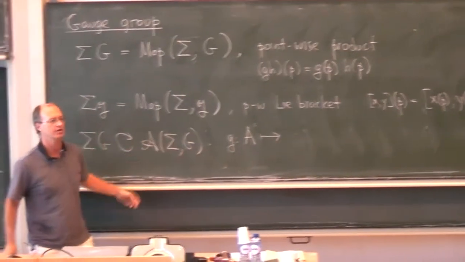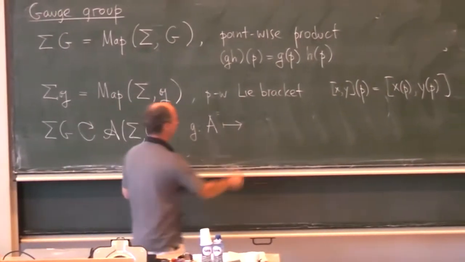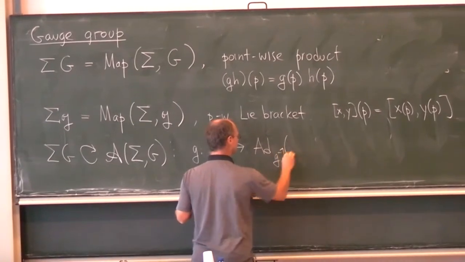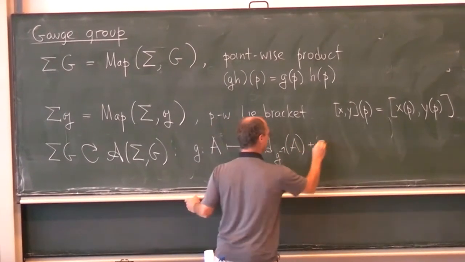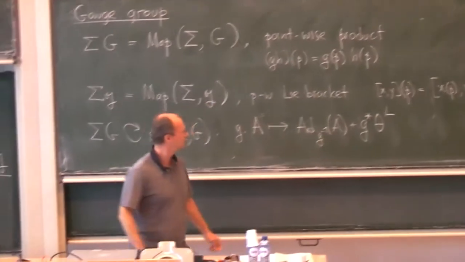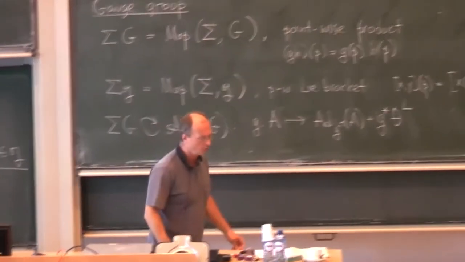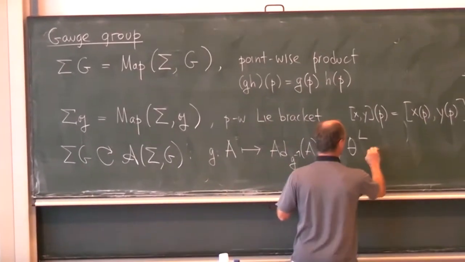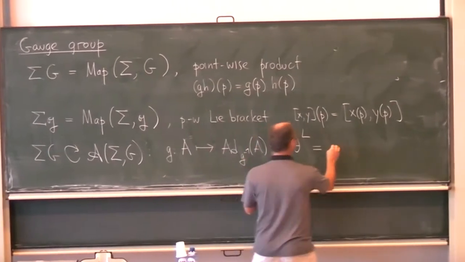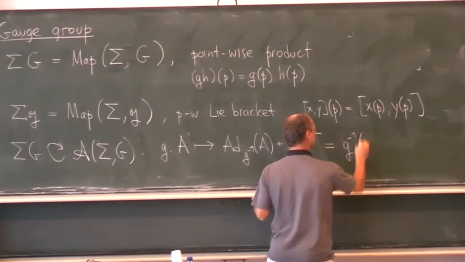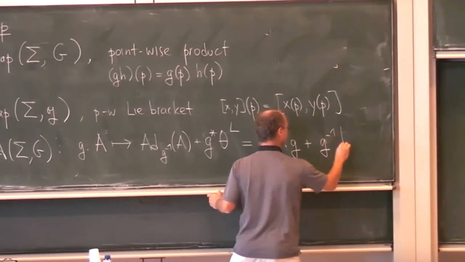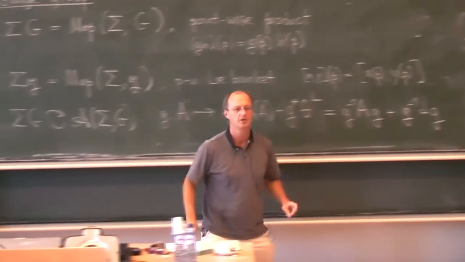A connection, a g-valued one-form A, is mapped to Ad g^-1 of A plus the pullback of theta L under the map g, or, as I always advertise for you, the better writing is g^-1 A g plus g^-1 dg.